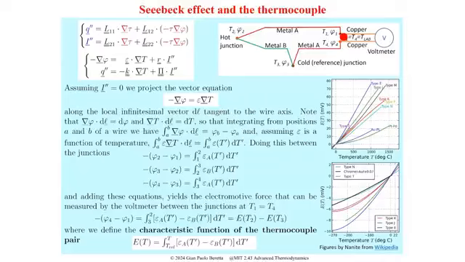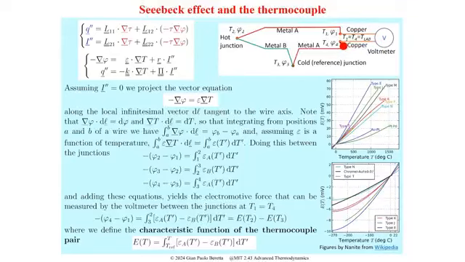And at the other end, in this place, they are not touching. So it's an open circuit, so that there is no current circulating. And you will measure a voltage difference, if there is any.